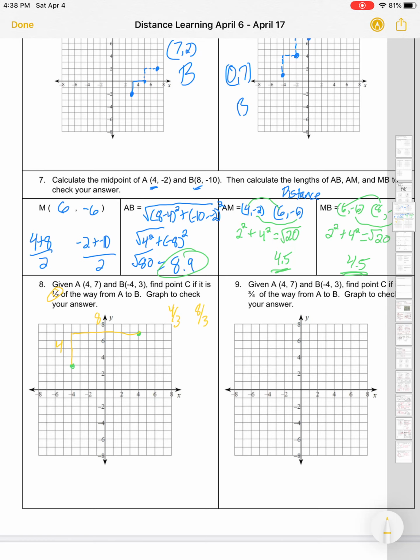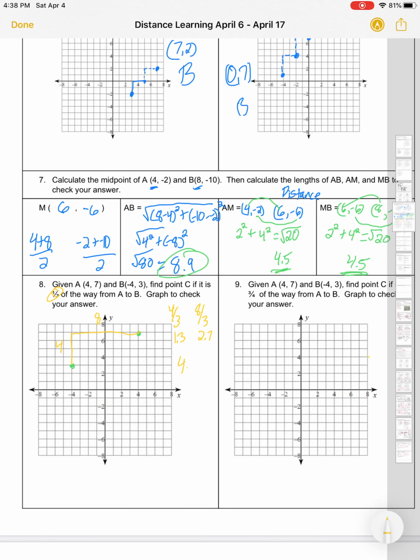Those are both going to be decimals, with one being 1.3 and the other being 2.7. So going from A to B, instead of going left 8, you go left 2.7.